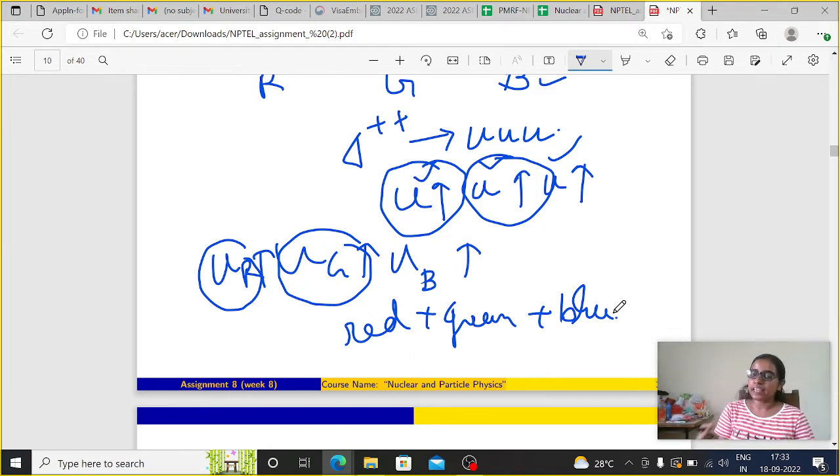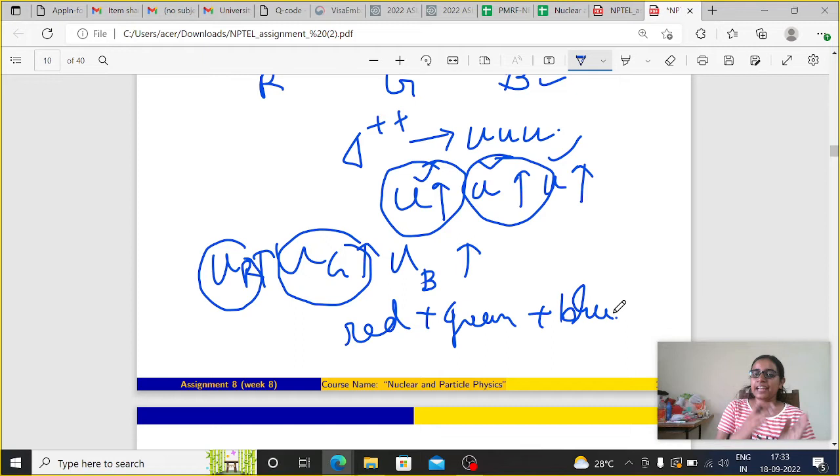That's why we write these quantum charges as red, green, blue, so that as a whole the particle will be colorless. Colorless means we are not talking about these quantum charges in the particle configuration.